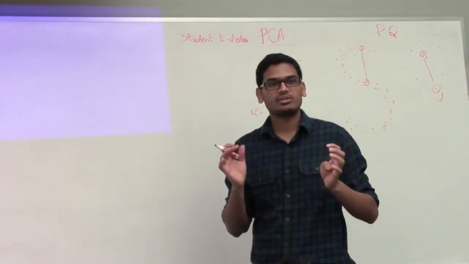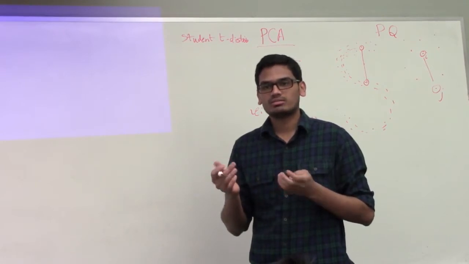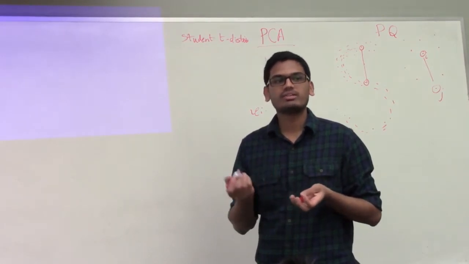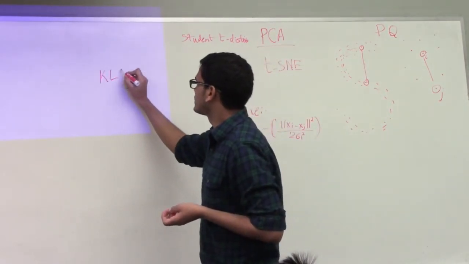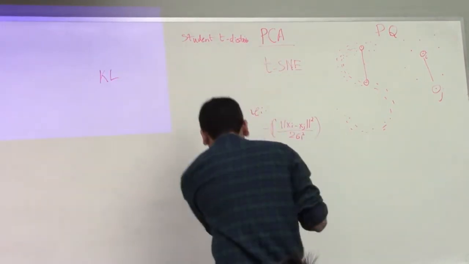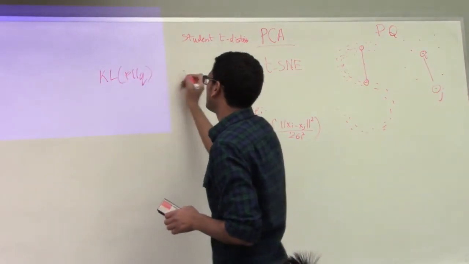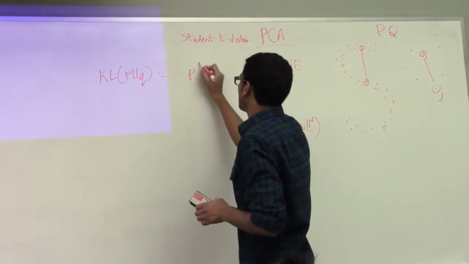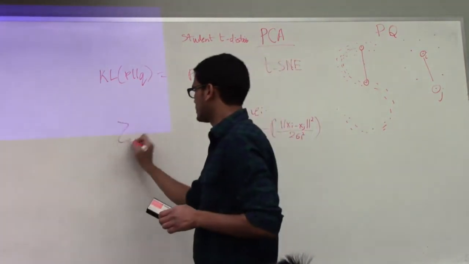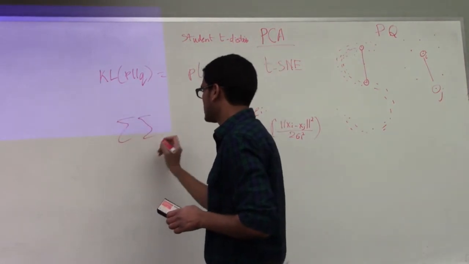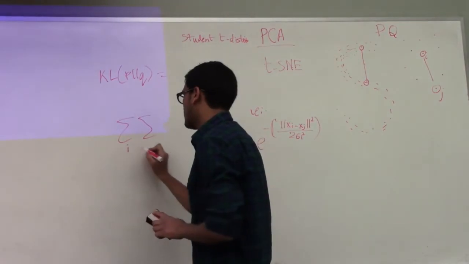So they try to minimize the KL divergence from P to Q to get a very good low dimensional embedding. The KL divergence between P and Q would be represented as the sum of P log of P over Q. So they try to minimize this over all possible pairs of points.